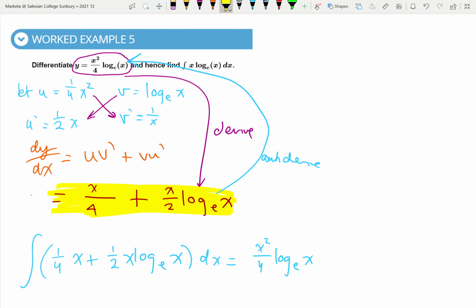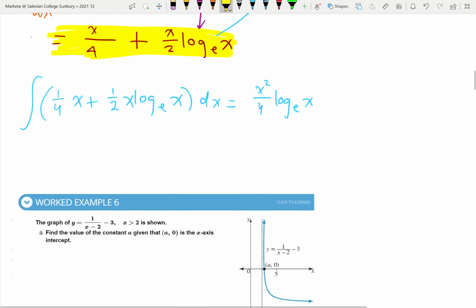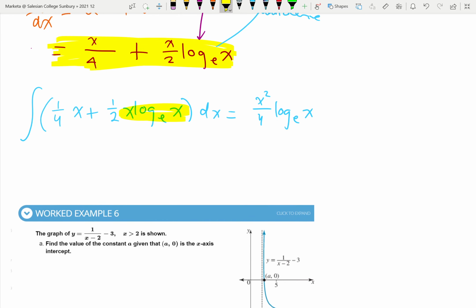So let's see what is the same and what's different. We're trying to antiderive x log ex. And what we see is that we have x log ex here, but it's got all that other stuff around it. So we need to get rid of that. So let's break it into a couple of parts. The first thing I'll do is the antiderivative of 1/4 x plus, take the half out, the antiderivative of x log ex.